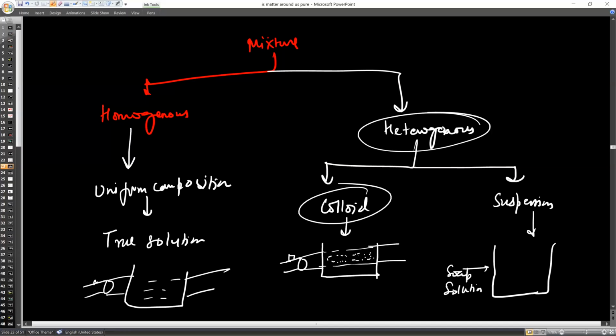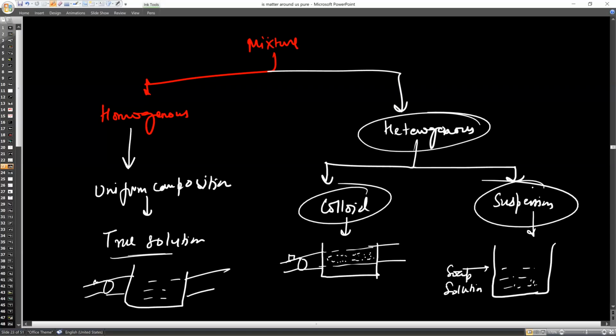The particles of a suspension settle down after some time if you keep it undisturbed, like sand dissolved in water. In colloids, the particles generally do not settle down, or they settle much more slowly than in a suspension. In a true solution, the particles do not settle down.